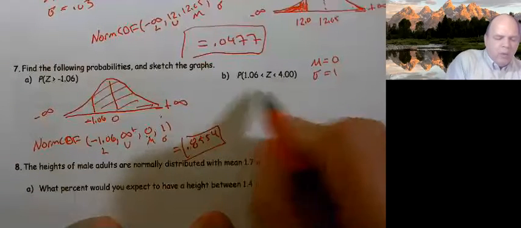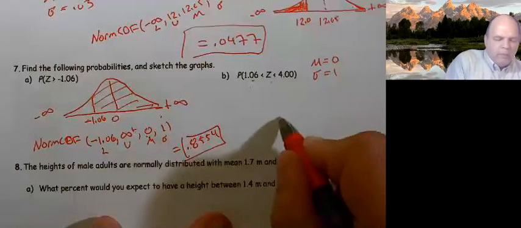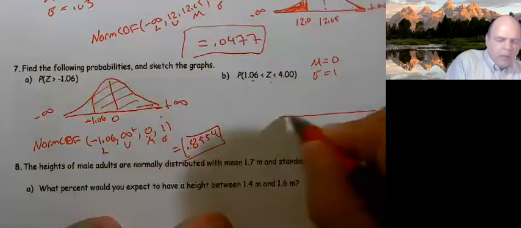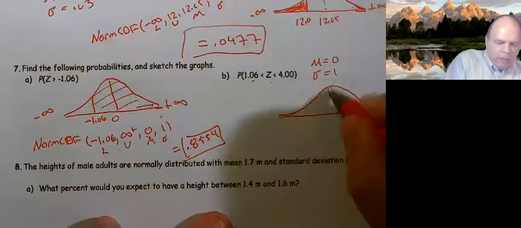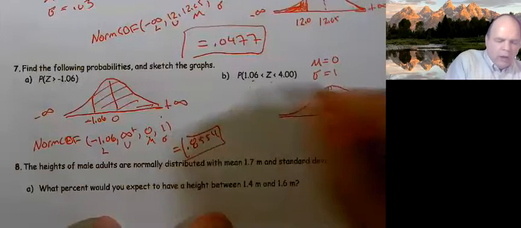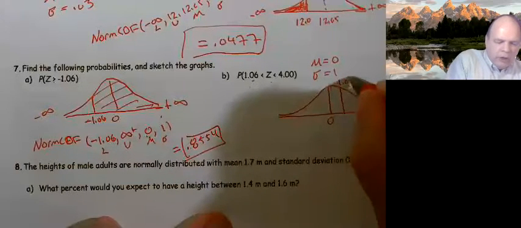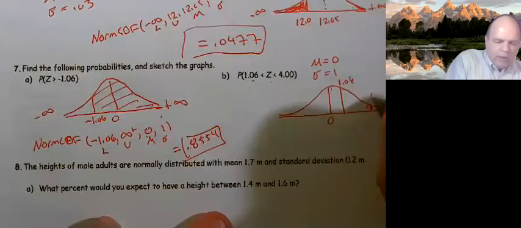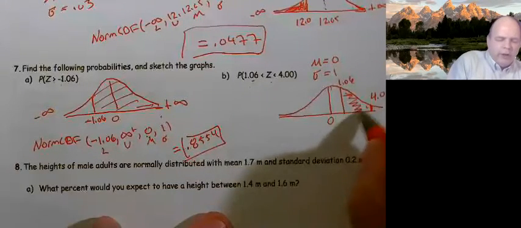Here, we want a z-score between 1.06 and 4.0. Well, I know 1.06 is above 0, so I'm going to draw that here. And I know 4 is somewhere up here, okay? So I'm looking for this area.